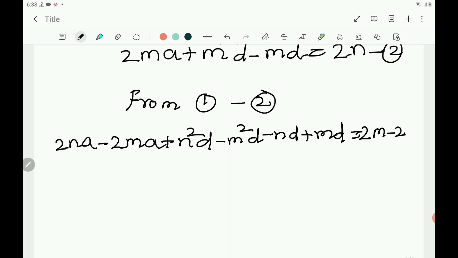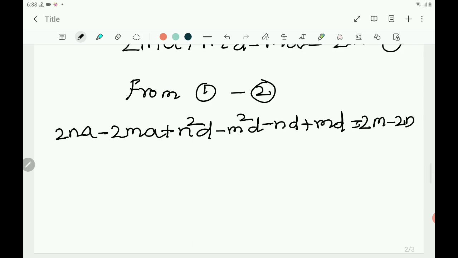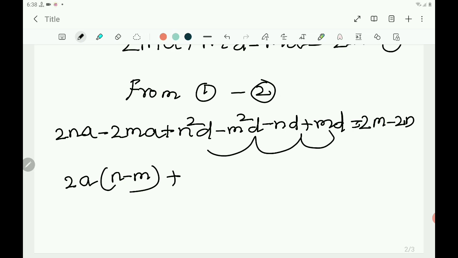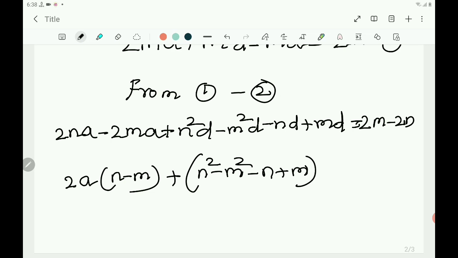Now let us remove 2a common here. If you remove 2a common, 2a into n minus m, plus from all these four terms let us remove d common. So here what is remaining? n square minus m square minus n plus m, into d. Here let us remove 2 as a common, 2 into m minus n.